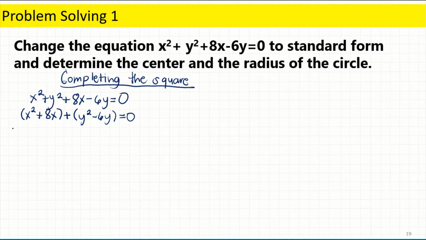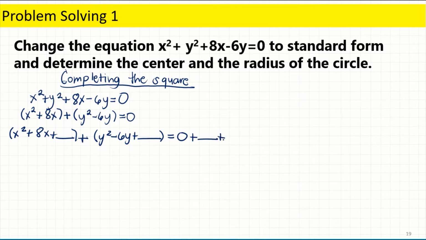So, we will have the quantity x squared plus 8x plus blank, plus the quantity y squared minus 6y plus blank, equals 0 plus blank plus blank. Whatever we place in these blanks on the left side, we also place on the right side.